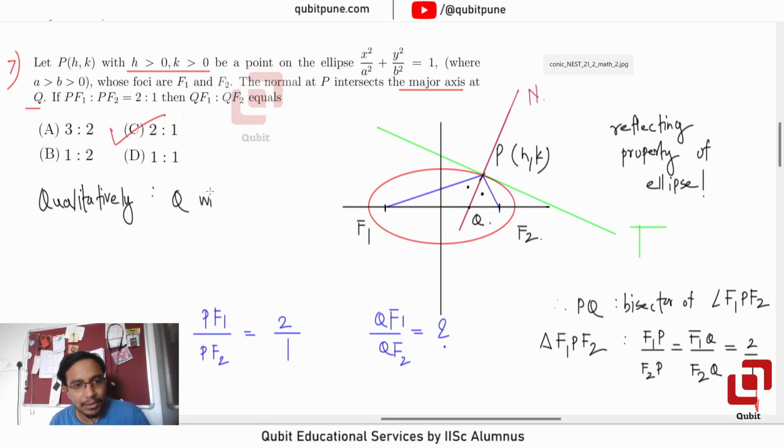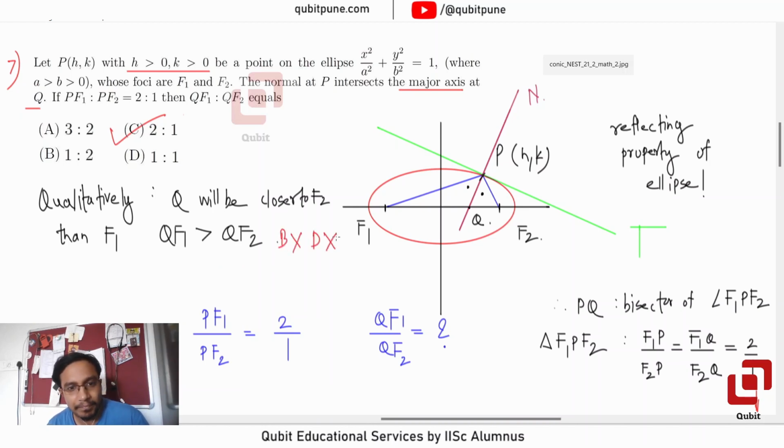Do you agree that QF1 will be greater than QF2? So we can eliminate B and D for sure.